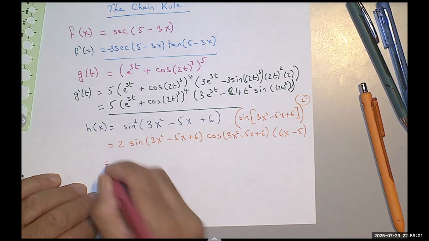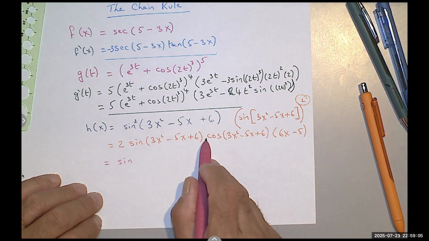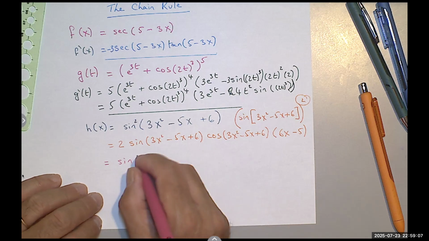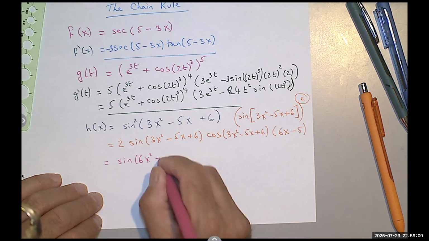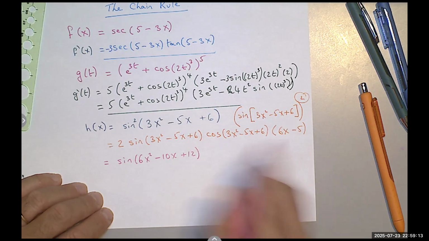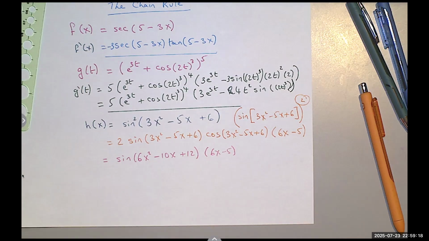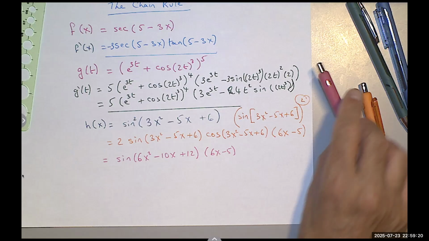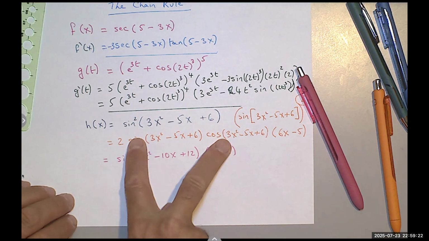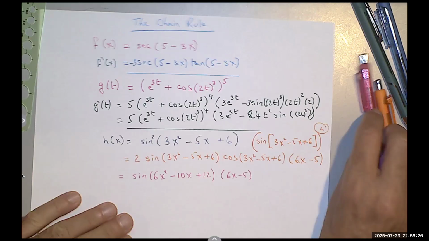But you can say sine and then multiply what's inside by 2. Double it. 6x squared minus 10x plus 12 times 6x minus 5. And that would show that you really understand that sine 2x is 2 sine x cosine x.